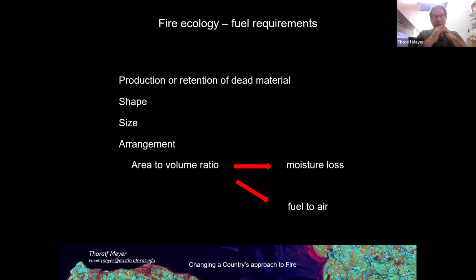Fuel size plays an important role because it needs more energy to ignite a log that is, let's say, 7 inches in diameter versus a twig that is bone dry and about 1/4 of an inch in diameter. So fuel size plays a very important role.